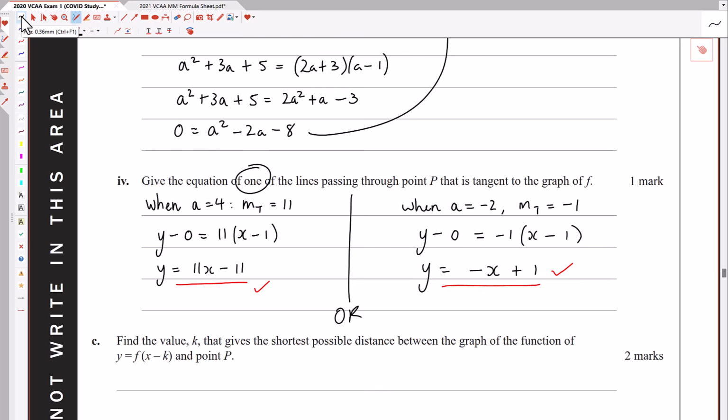But actually the best way is to think about what this is asking. So f of x minus k is a left or right translation. How much should we translate f of x to the left or the right so that we make the shortest possible distance between the graph and the point P?